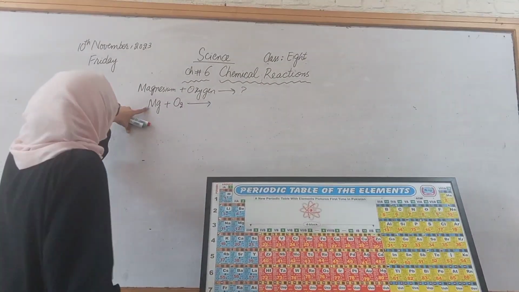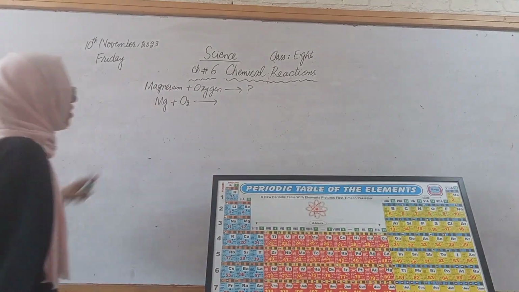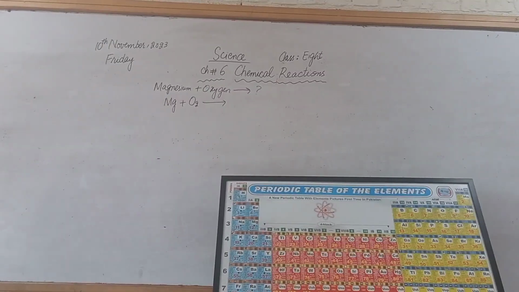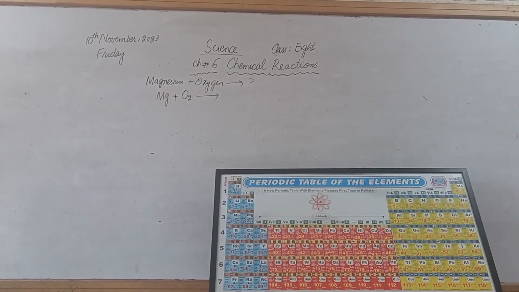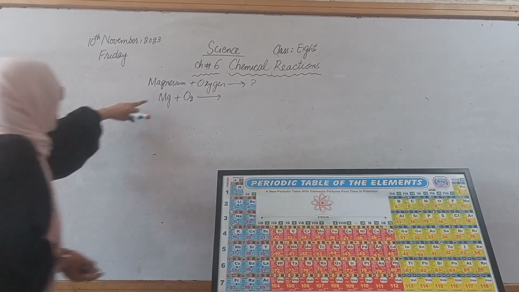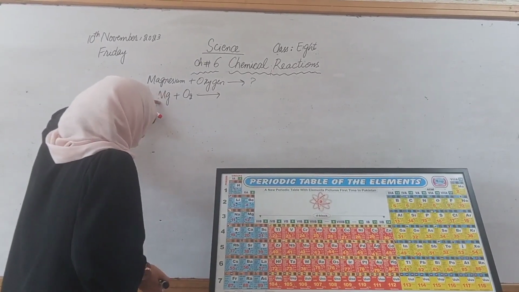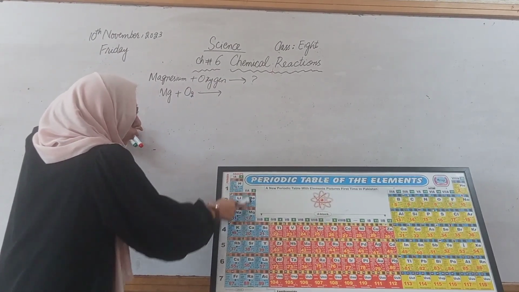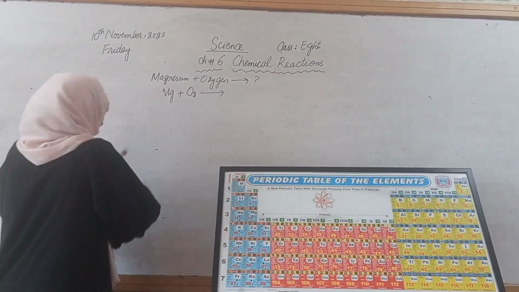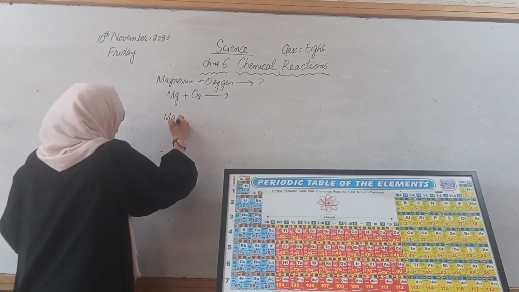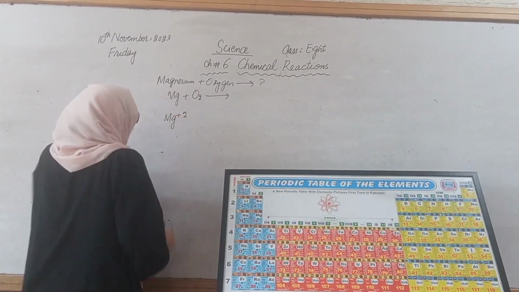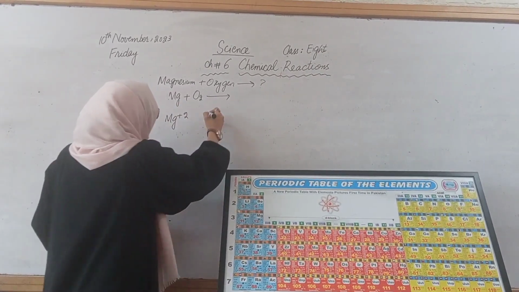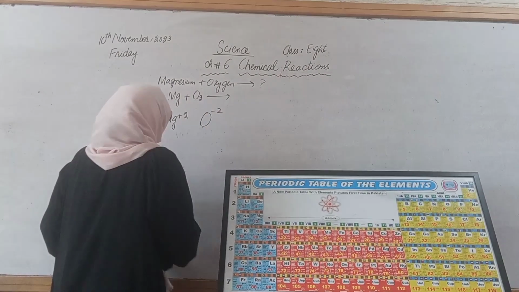And what is the charge of magnesium? Magnesium has charge +2. It is in group number 2. Mg +2. Next one, oxygen. It has charge -2.